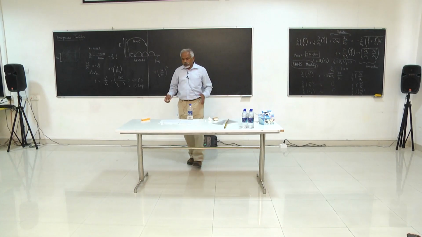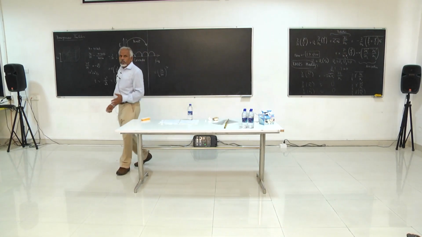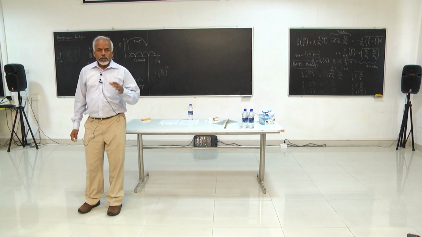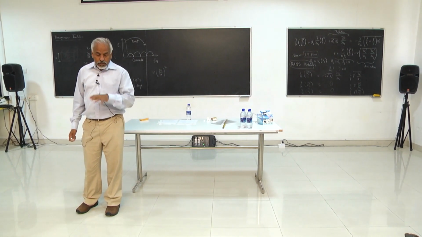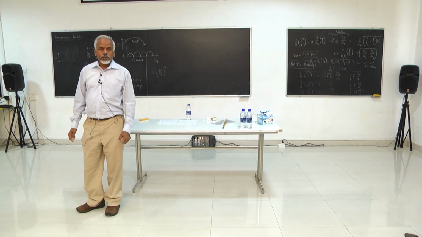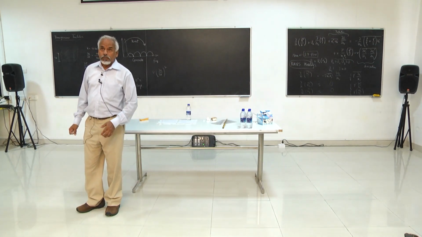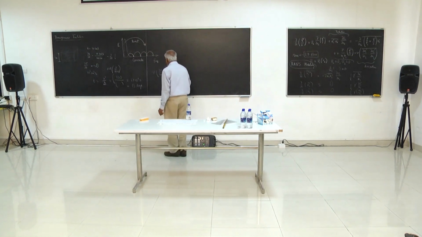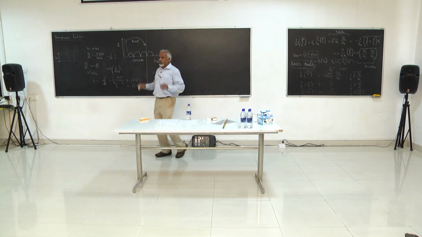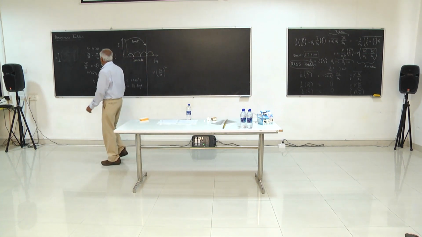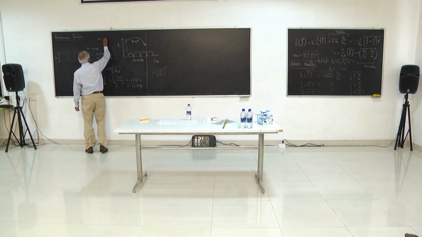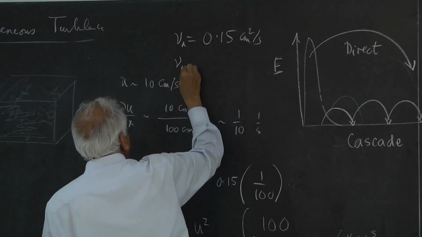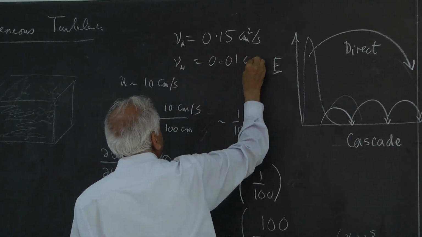So if I did a turbulent flow in water and a turbulent flow in air, same flow, same Reynolds number, etc., the kinematic viscosity of air is 0.15 centimeter squared per second, and of water 0.01 centimeter squared per second.